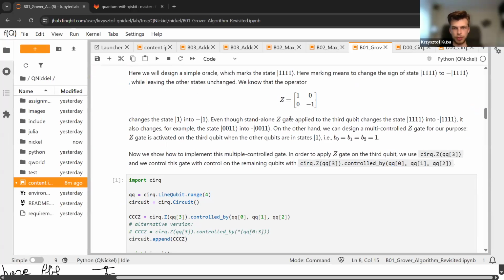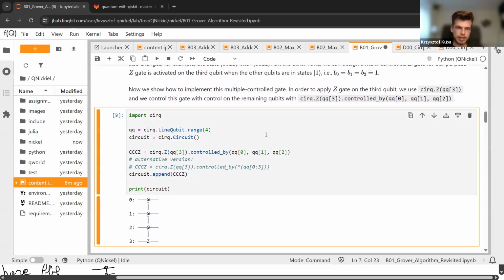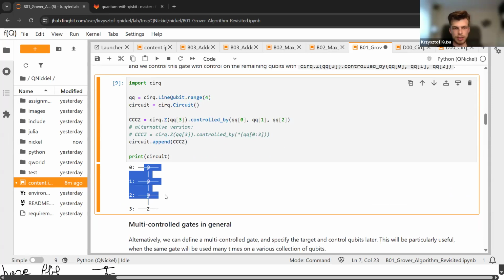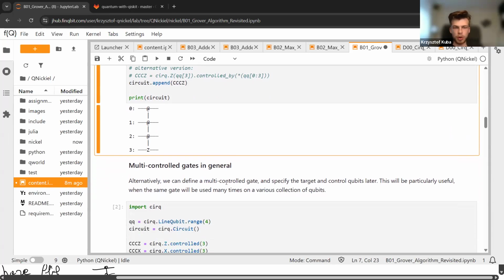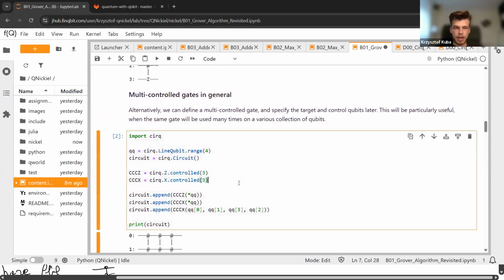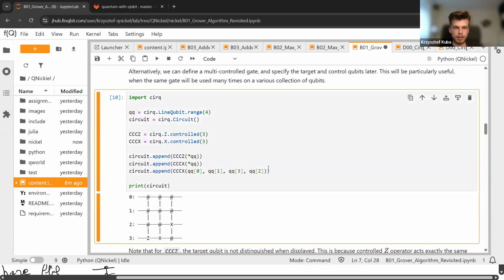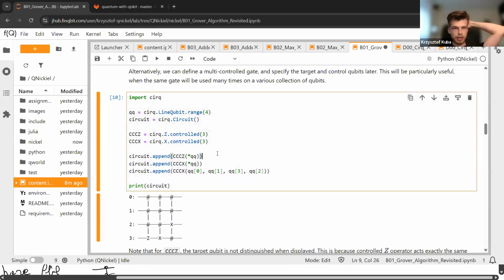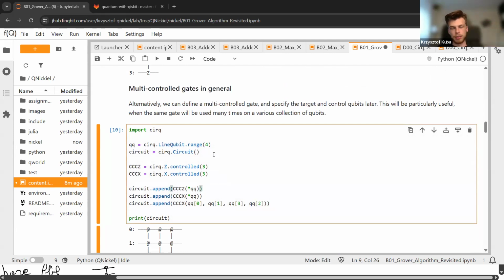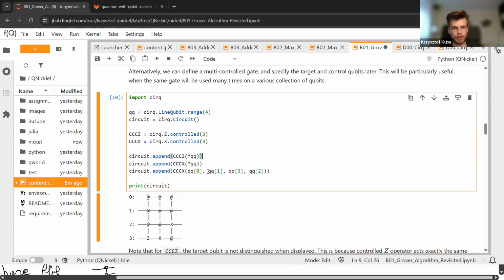Maybe here you can also view it a little better if I do this. So executing the circuit, we have a controlled Z gate with the first 3 being the controlling and the last one being the controlled, but actually it doesn't matter. And in general, we can create an oracle with multi-controlled gates. And here's also, once again, a little bit from the Cirq code itself, showing different implementations of creating the controlled X and controlled Z gates with different qubits.